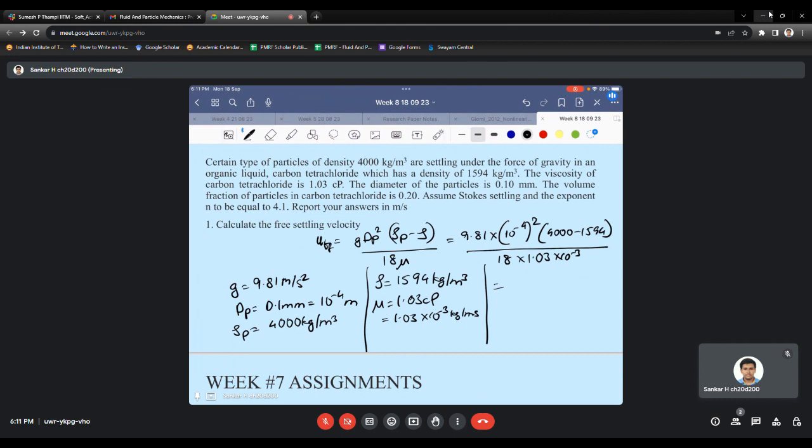So therefore, the answer will be 0.0127. Just keep it in SI units since it was in meters per second. So 0.0127 meter per second is the correct answer here.